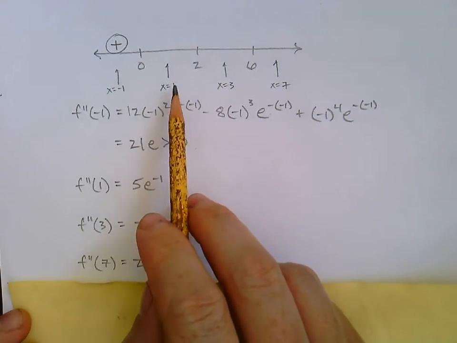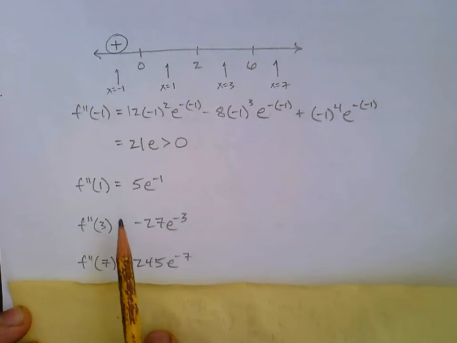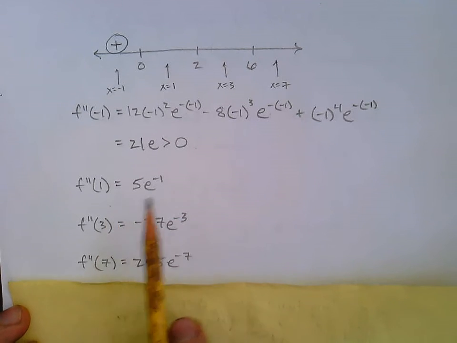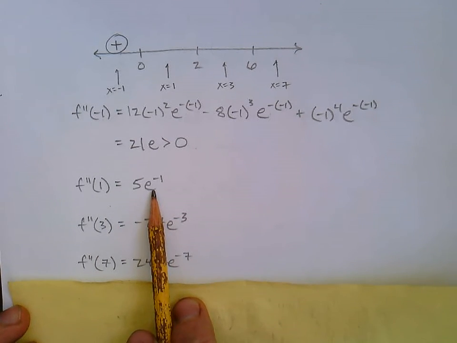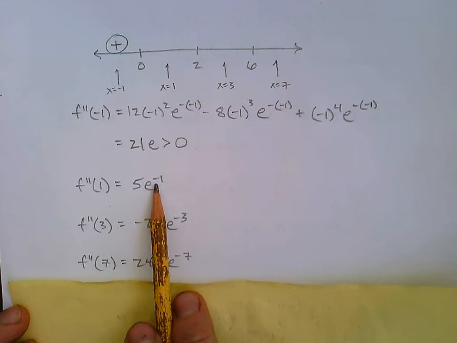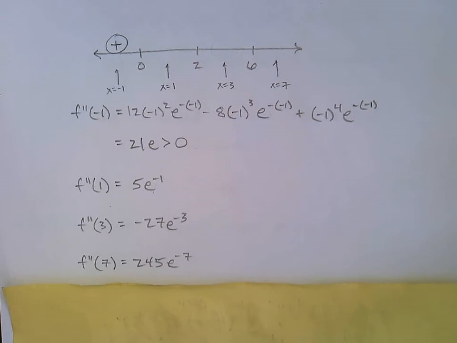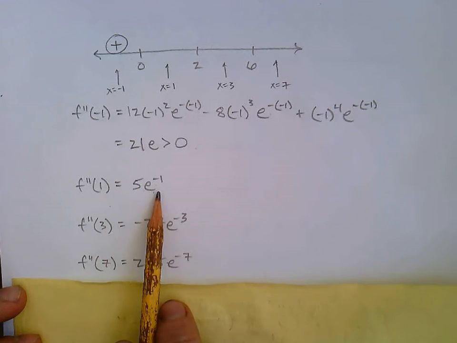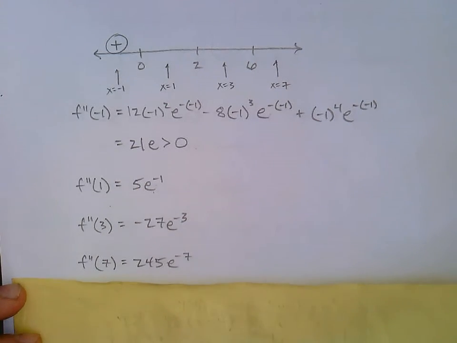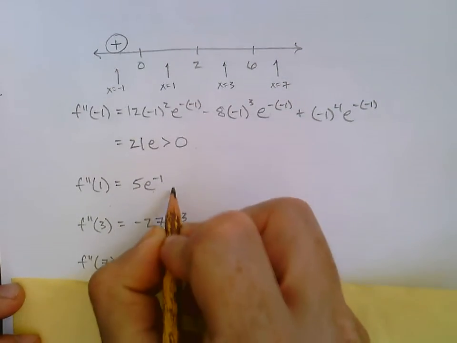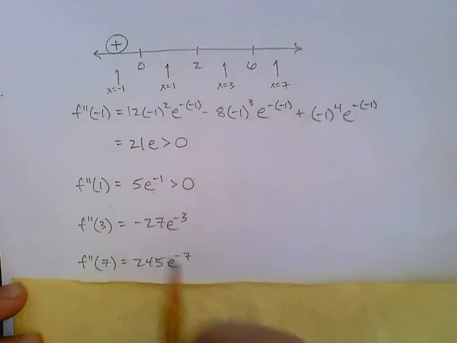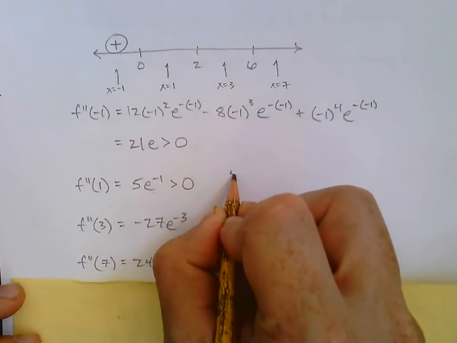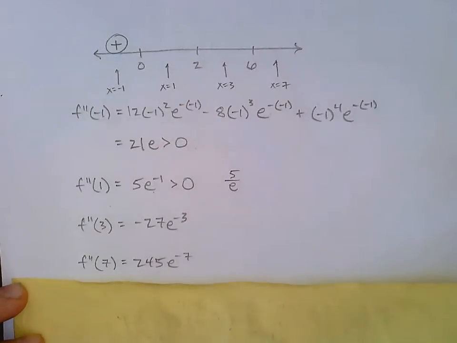And if we do that for the other 3 intervals, we'll get these numbers here. So putting in 1 to the second derivative. When it's all said and done, you'll have 5e to the -1. Now the question becomes, is that positive or negative? It's positive. Now you can check in a calculator, or maybe you just notice, oh, 5e to the -1, that's 5 divided by e.